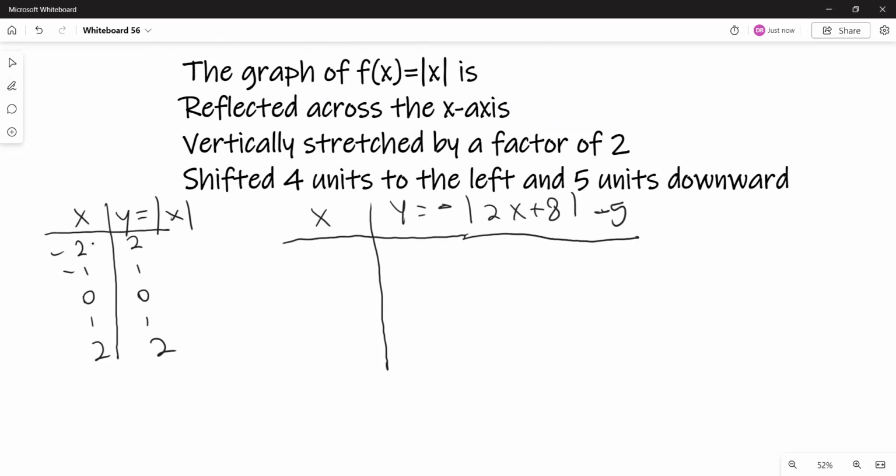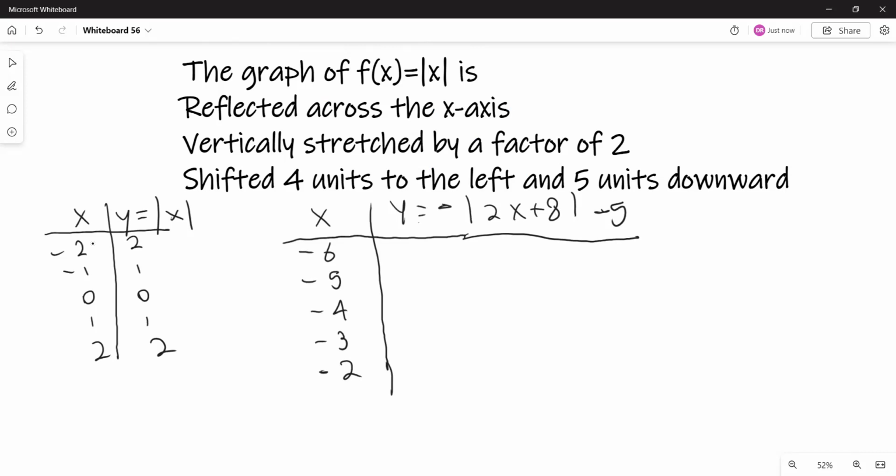Okay, so this was shifted 4 units to the left. So 4 units to the left, we're going to subtract 4 from every x value. -2 minus 4, -1 minus 4, 0 minus 4, 1 minus 4, and 2 minus 4. So also, this was shifted 5 units downward.